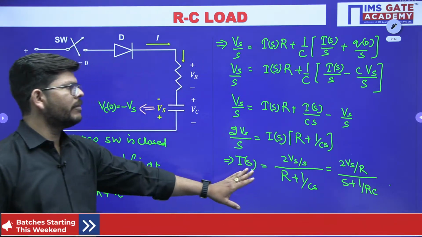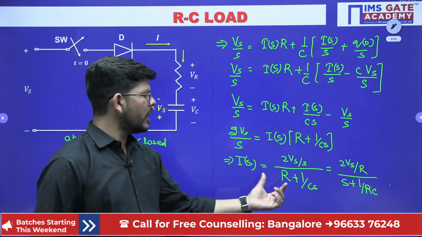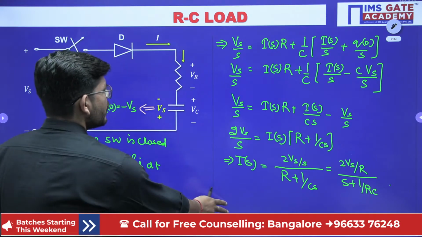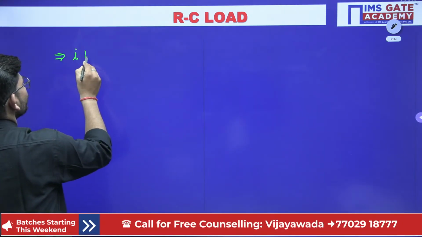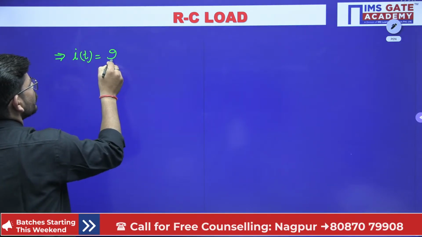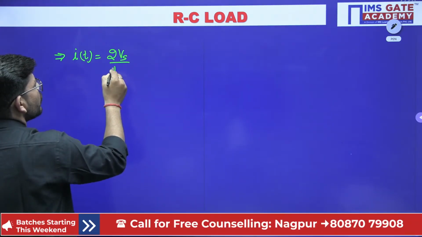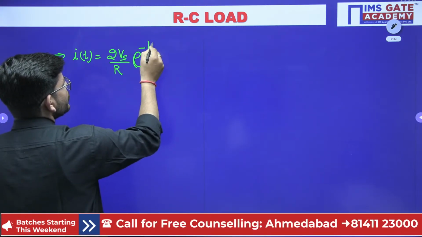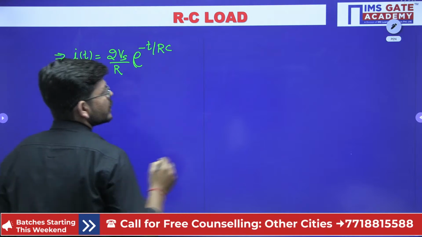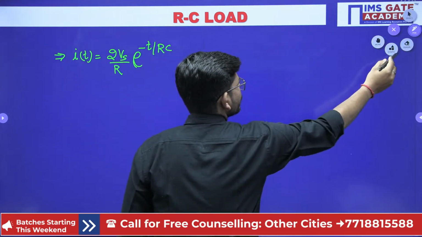This will be my final equation. Now I have to take the inverse Laplace transform, and after that I will get an expression for current i(t), which is equal to 2 Vs upon R e to the power minus t over RC.